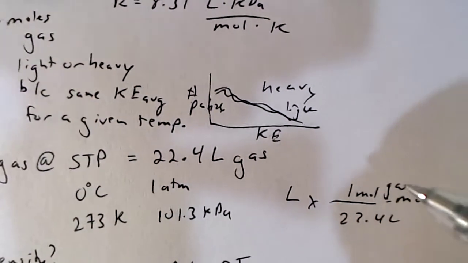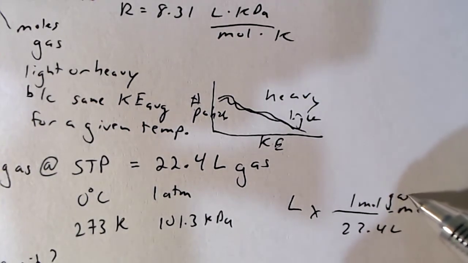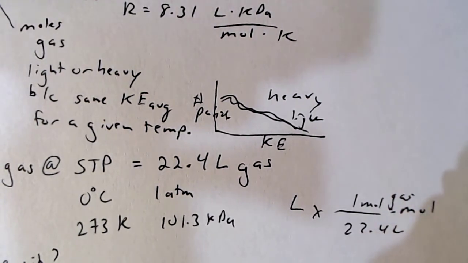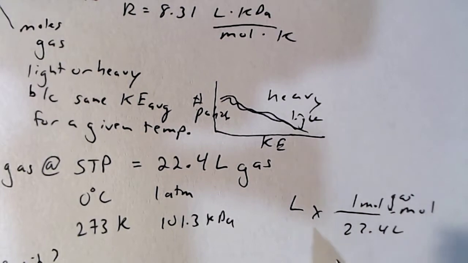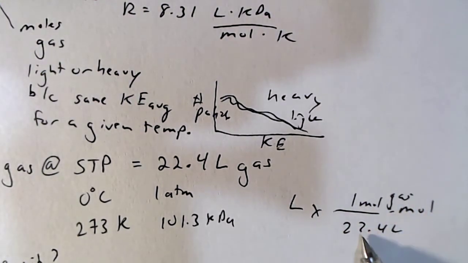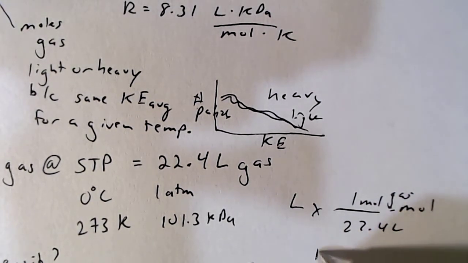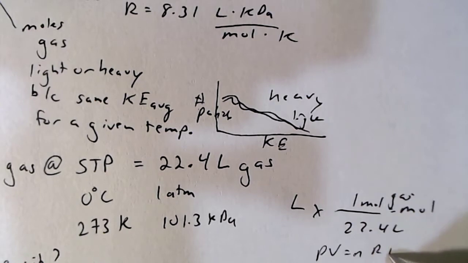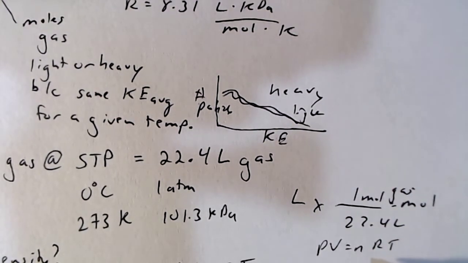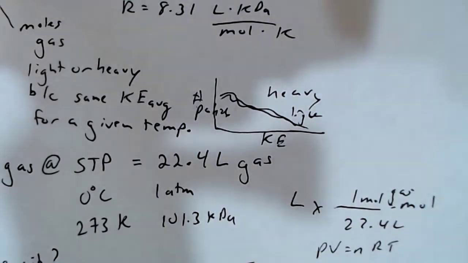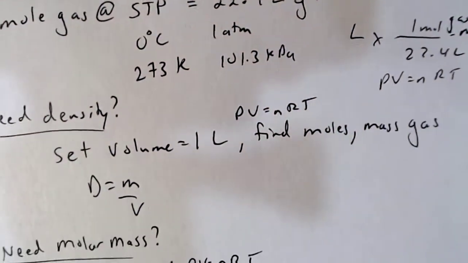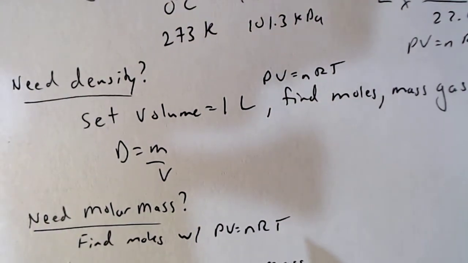This is only for gases. Don't use this for aqueous solutions, please. You can convert from liters to moles using 22.4 if you're at standard temperature and pressure. But if you're not, then taking a look at the mole map, you'll need to use PV is equal to nRT instead, for non-standard conditions.